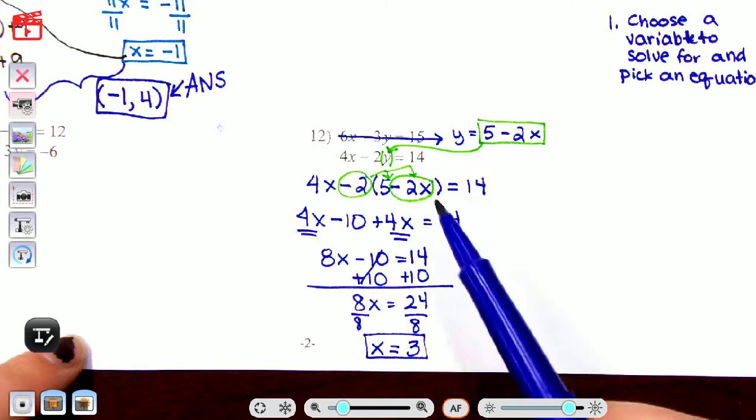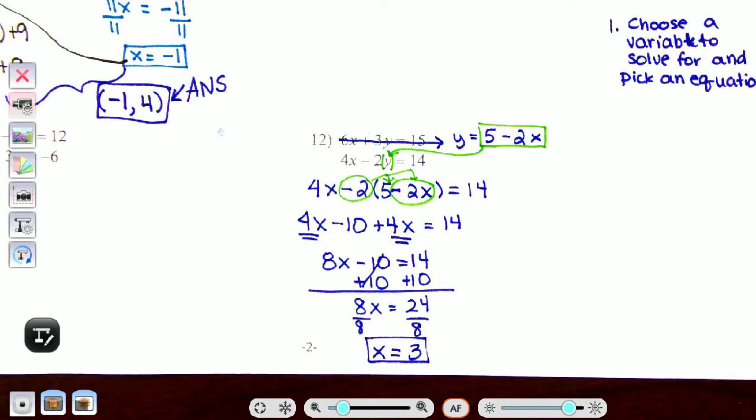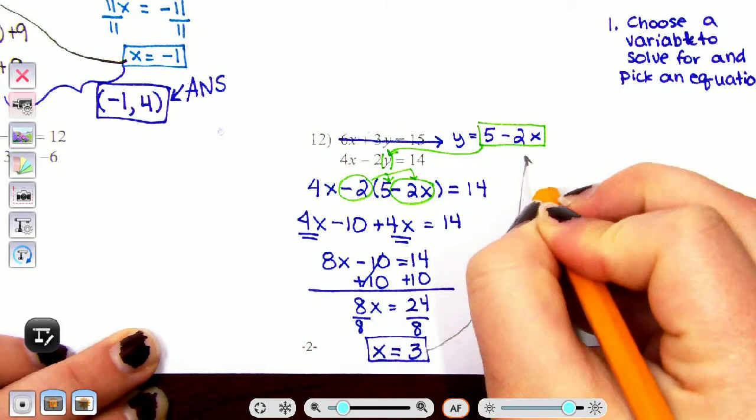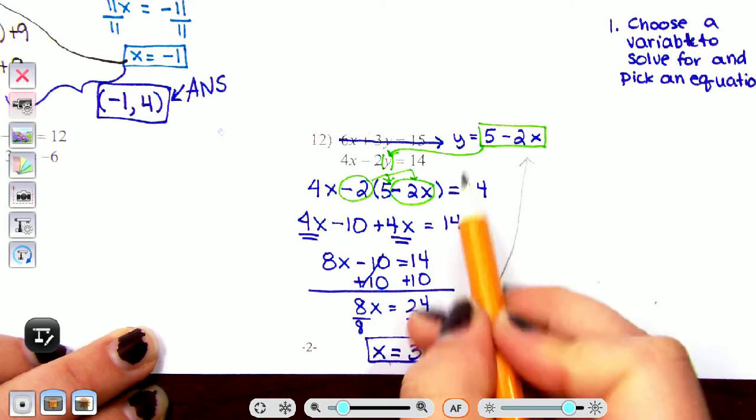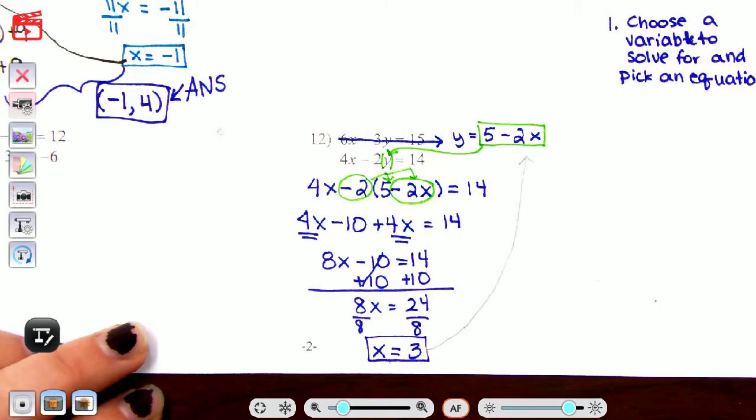It is your choice, up to you. Everything will give you the same result. I am going to choose to substitute it into here because I want to solve for y, and y is already by itself, so it's going to save me some time.